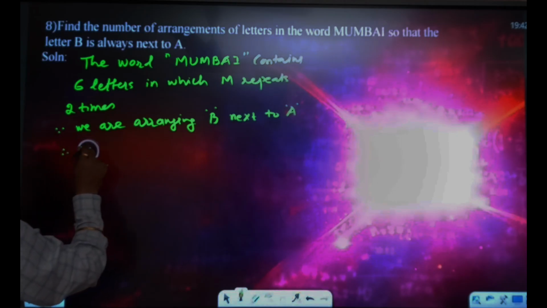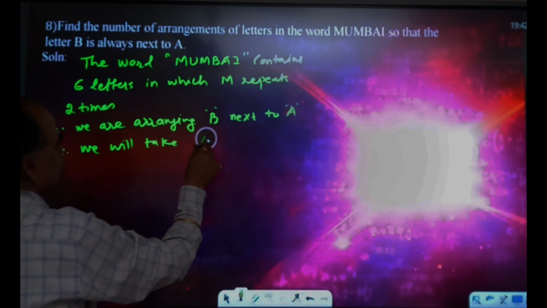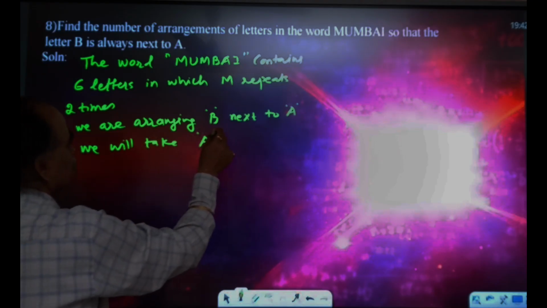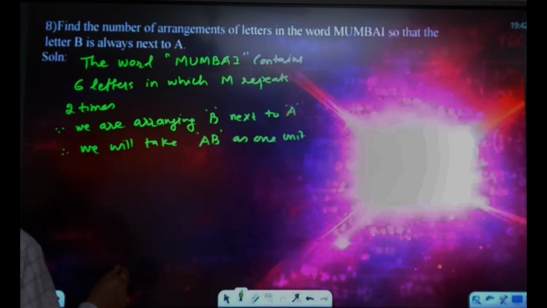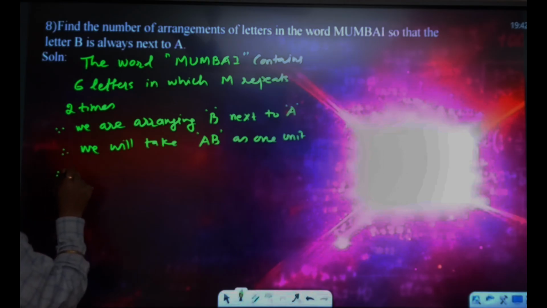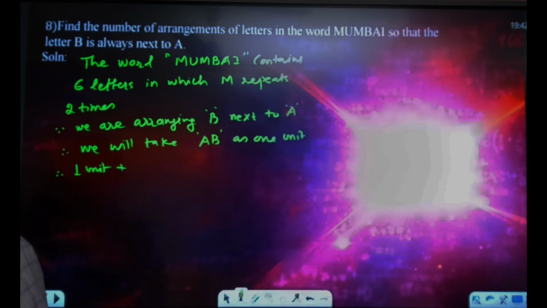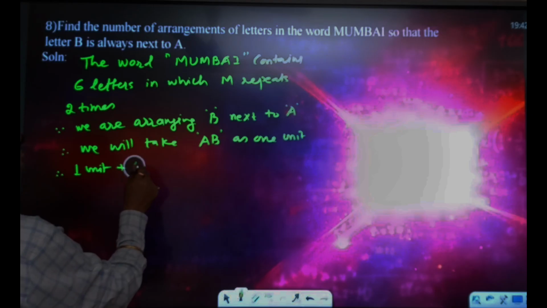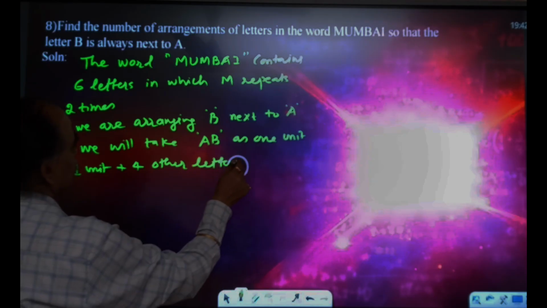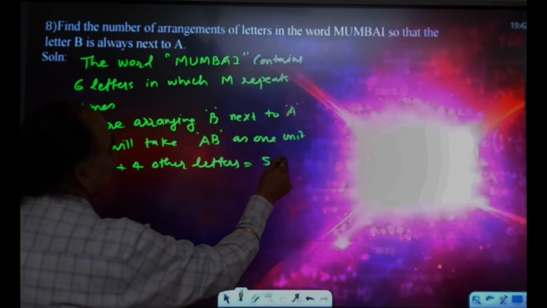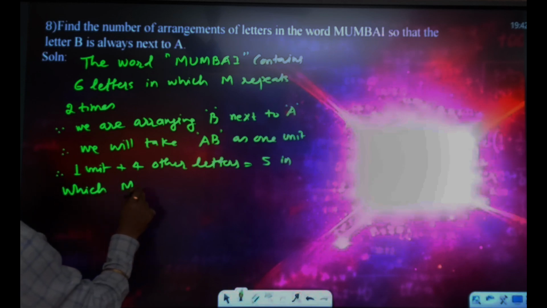therefore we will take AB as 1 unit. So 1 unit plus 4 other letters is equal to 5, in which M repeats 2 times.